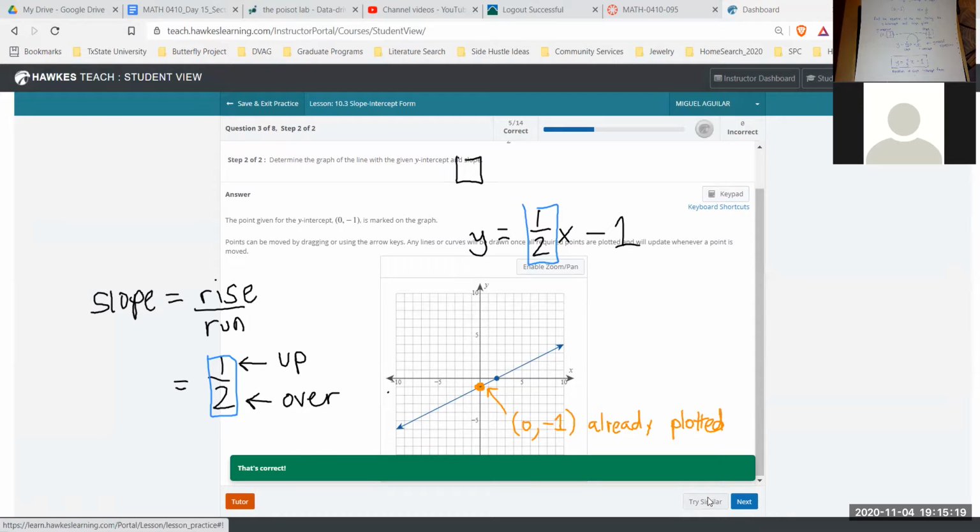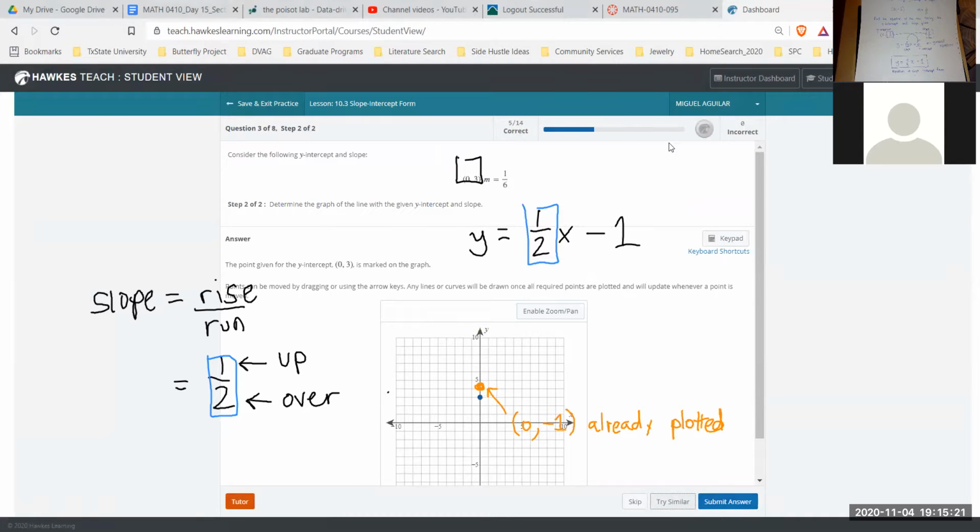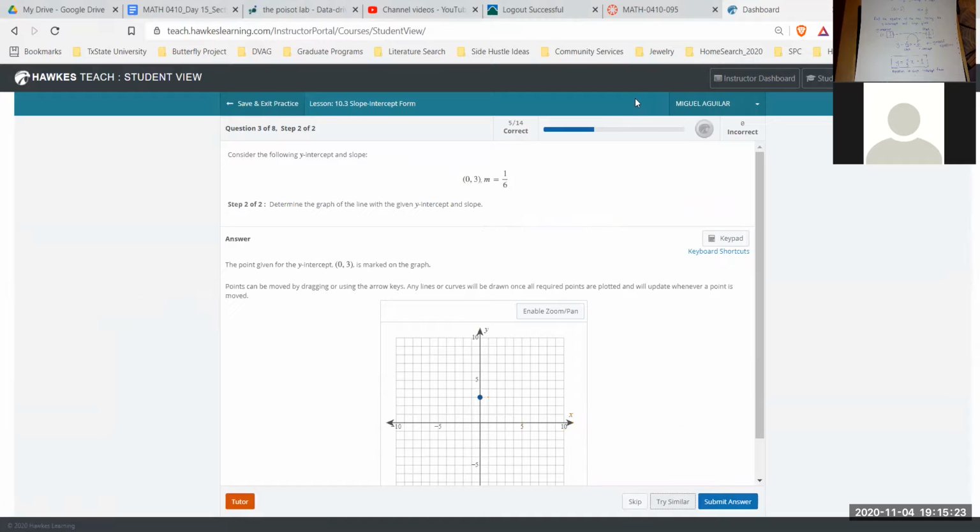Well, let's try a similar one, right? So now they've given us a different y-intercept and a different slope. But what I'm hoping to get across to you guys is that if you're given that information, you're given quite a bit of information. The equation that we should have then is y is equal to 1/6 x plus 3, because that's the y-intercept right there.